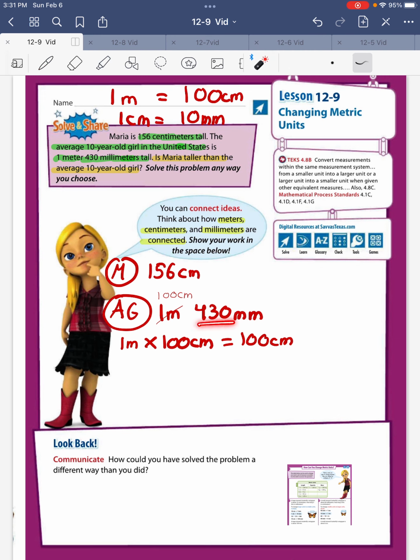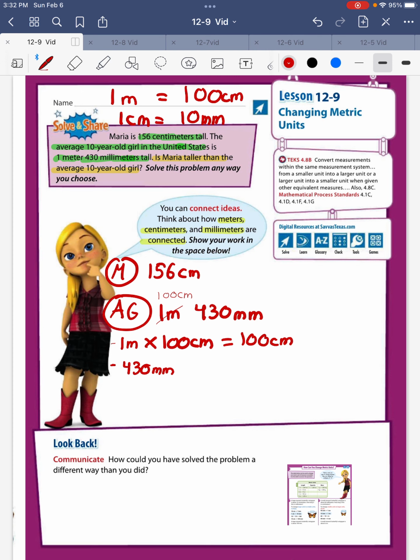So now I'm going to convert 430 millimeters, okay? So first, millimeters to centimeters. I know that 10 millimeters equals 1 centimeter. So if I'm doing a small unit and I need to convert it to a bigger unit, I'm going to divide.